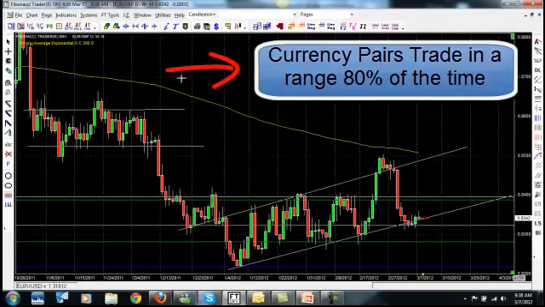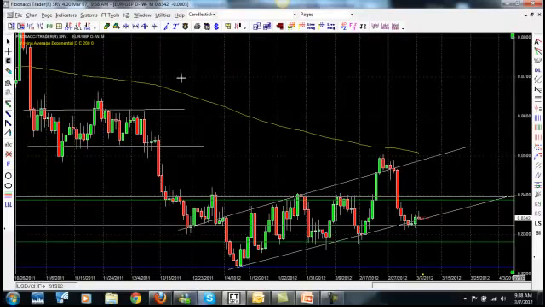Now the yen cross pairs do less range trading than some pairs, but the euro pound tends to trade in a range very, very well. In fact, as you look at this chart right now, you can see these different ranges that I've drawn out, and for a several month period this currency pair ranged all the way in here. A lot of buy sell opportunities.